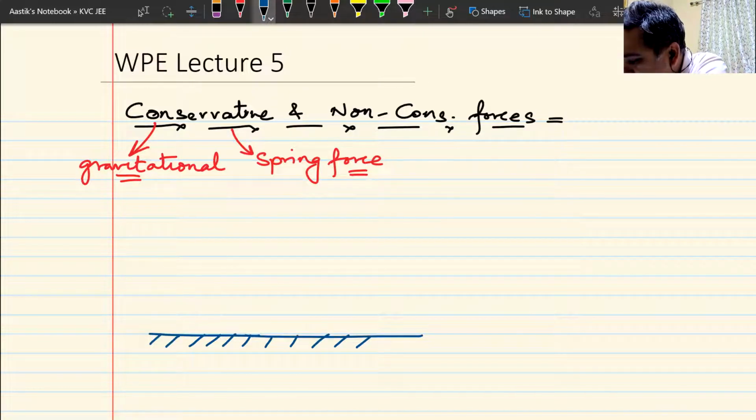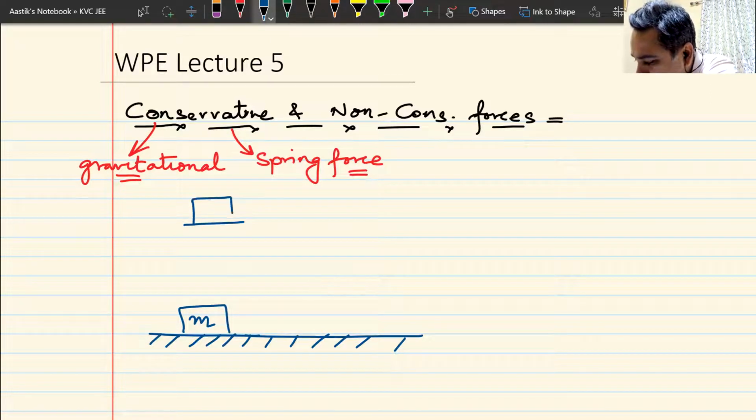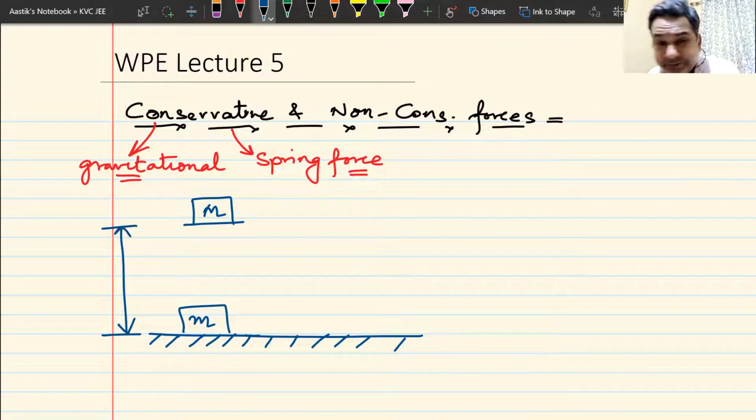Let us suppose I have a block of mass m kept on ground, and I have to lift it to a point which is straight up. The height of this point from ground is h. Is everyone paying attention to what I'm saying?